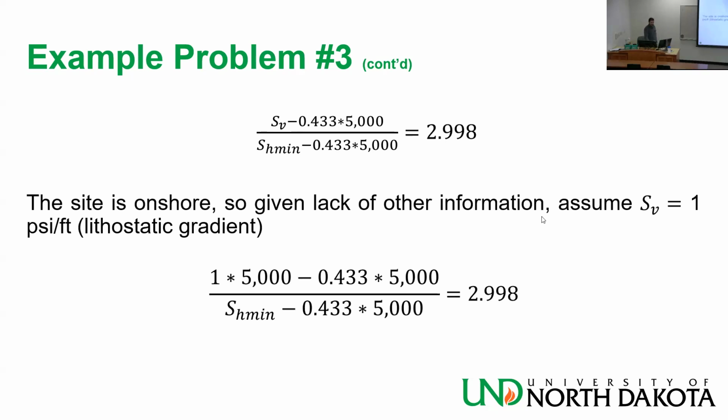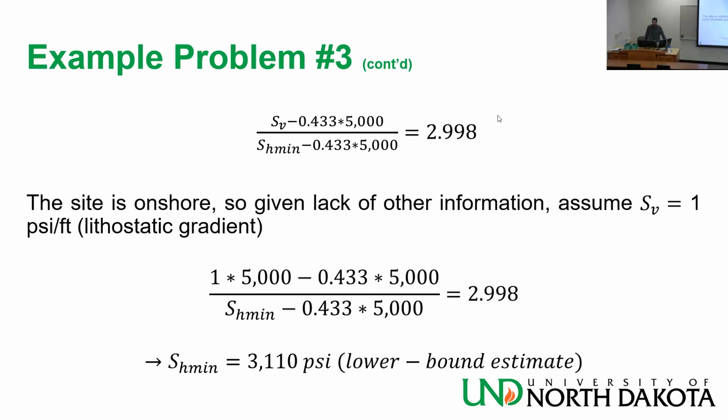So 1 times 5,000 minus 0.433 times 5,000, that's basically S1 minus PP. And then at the bottom, I have SHmin minus 0.433 times 5,000. I basically have one equation, one unknown, which I can very easily solve to 3,110.